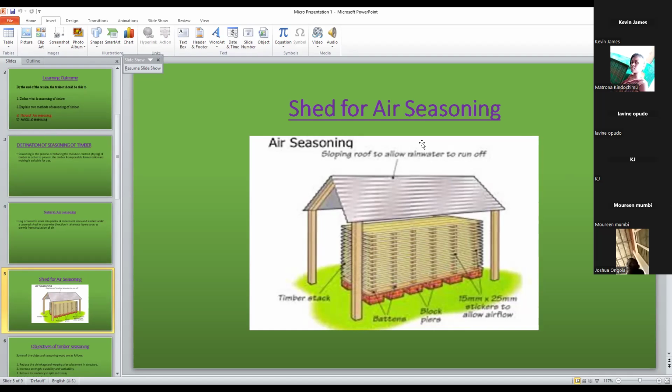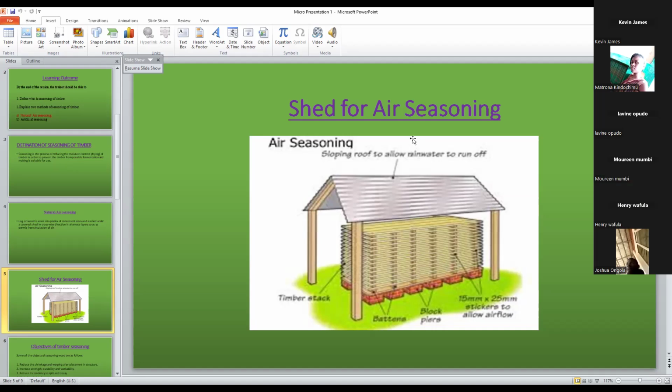Then another component we have there is a block pier. The function of a block pier, as you can see, is that it is placed on the ground at a height of 300 to 450 millimeters to ensure that the timber is not interfered with by either termites or cold. So that's why we place our timber on top of block piers. Are we together?